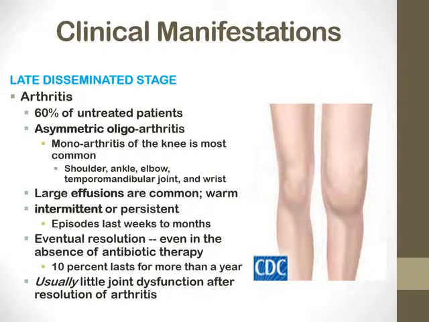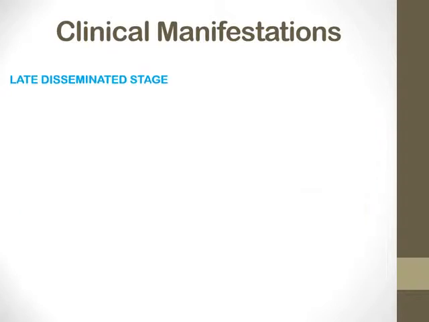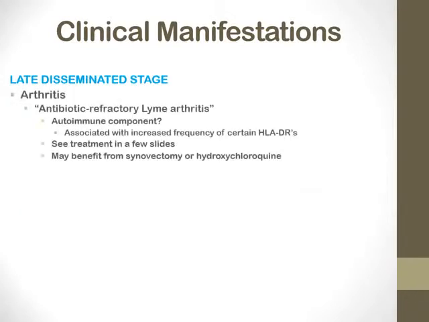Now, unlike infection with other, say, pyogenic microbes like Staph aureus, where the joint would often be destroyed afterwards, infection from the Borrelia spirochete often leaves very little joint dysfunction after the arthritis resolves. I do want to mention that there is an autoimmune arthritis that can accompany Lyme infection called antibiotic refractory Lyme arthritis.